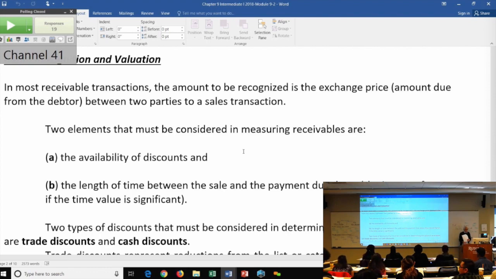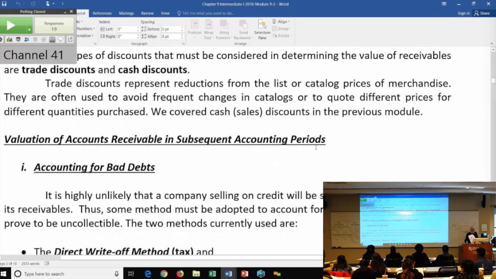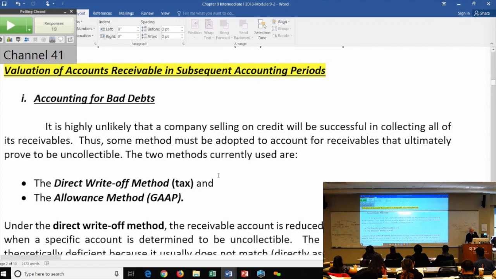What we really want to talk about here is the valuation and the probability of bad debt. Everyone understands that it's likely that you will not collect all of your sales. And the two methods to account for bad debts: you may not have seen direct write-off. I'm just going to mention it briefly. It's a tax method.